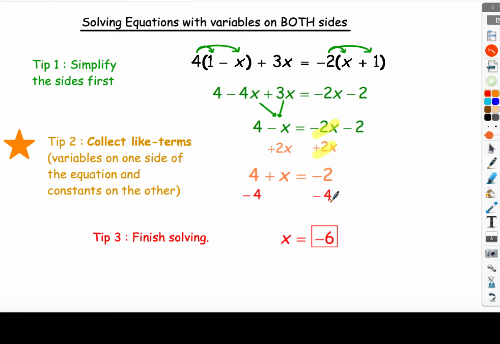Negative 2 minus 4 would be a negative 6, and we have our answer. And again, you can always take that negative 6, plug it back into the original equation, right? Or maybe type that whole left side into your calculator with negative 6 filled in. Type that whole right side in with negative 6 filled in. Make sure you get the same answer on both sides.